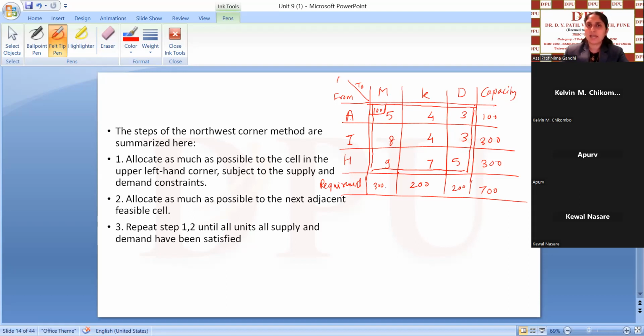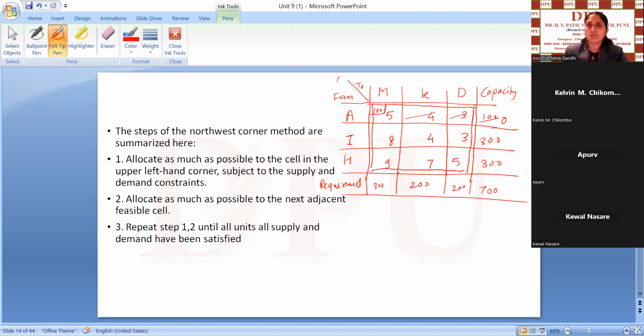But A can only fulfill 100 units out of 300. So you assign 100 here, the minimum of the two, and now the supply is 0: no more units are available for transportation from Ahmedabad, because they're already transporting all their units to Mumbai. So you cancel these cells.